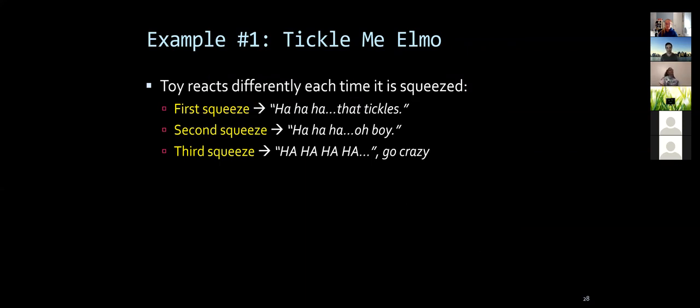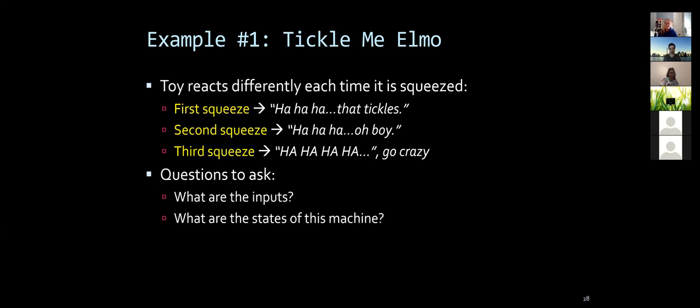That's the first reaction. The second time I press, it doesn't repeat the same thing. That's what makes it exciting for kids. It says something different, ha, ha, ha, ha, oh boy. The third time it goes crazy and just laughs, and if you press another time, it goes back to the first state. So the question to ask, if I want to build tickle circuits, is: what are my inputs?